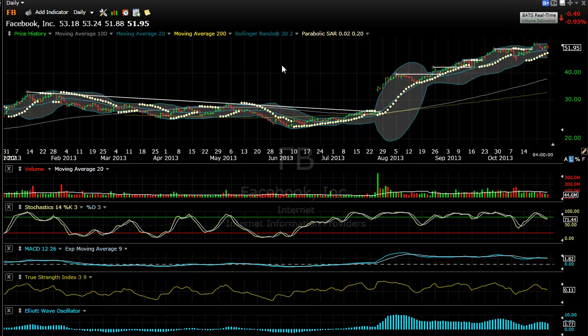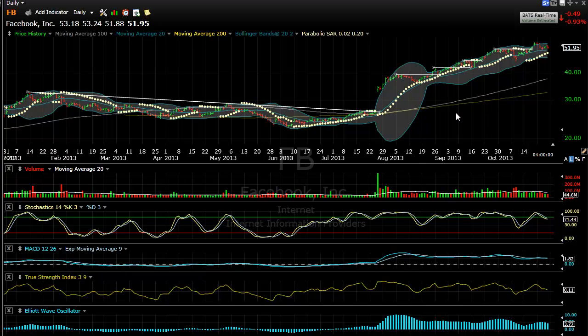Right now, when you look at this chart, initially you'll think, oh my God, it's so busy, and it is. There's a lot going on here. We have support and resistance, the Bollinger Bands, the parabolic SAR, and a lot of moving averages: the 200-day, the 20-day, the 100-day.